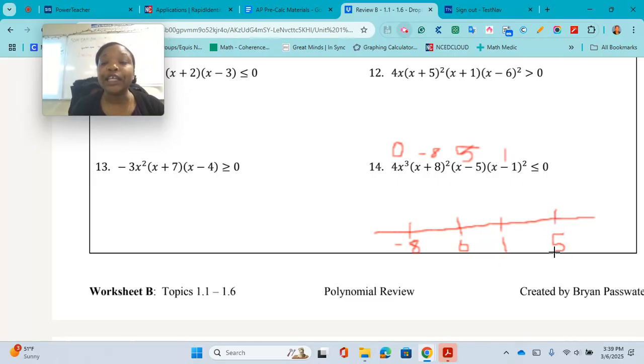Now, what is the degree? 8. Since the degree is 8, we know that the degree is even. The leading coefficient is positive, so that tells me that the ends will go up.